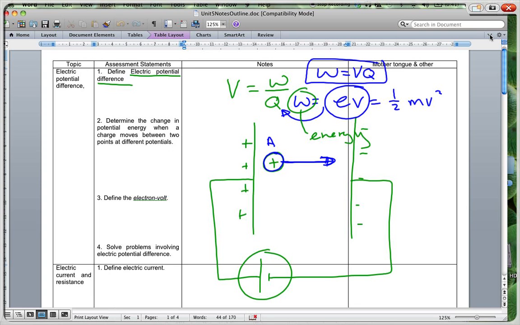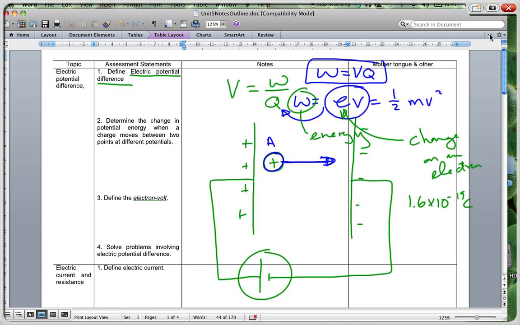The E is the charge on an electron. We're talking about a positive charge here. So the proton, which is a positive charge, has the same charge, but it's positive. Both of them are 1.6 times 10 to the negative 19 coulombs.